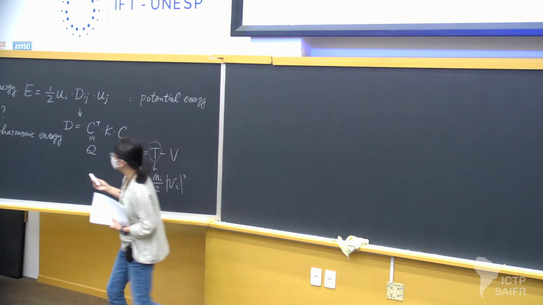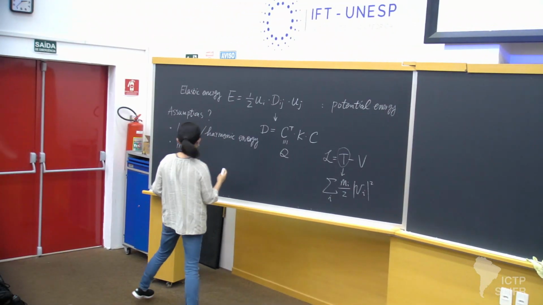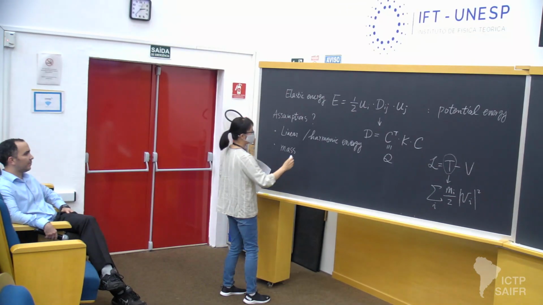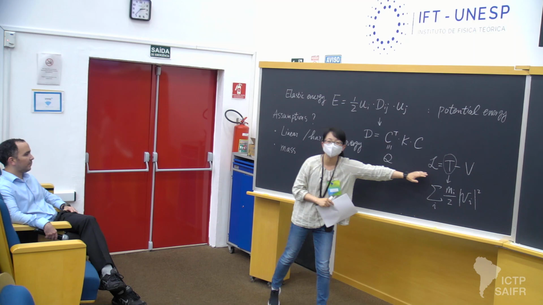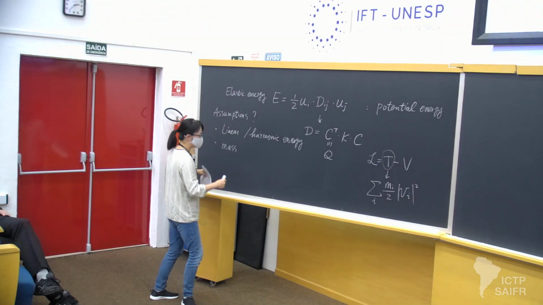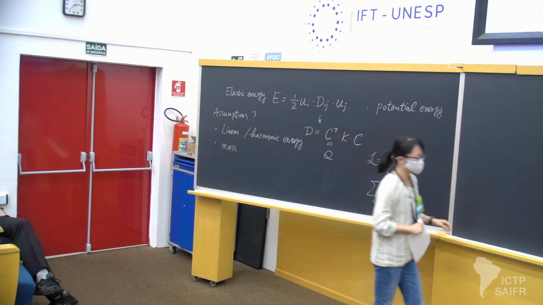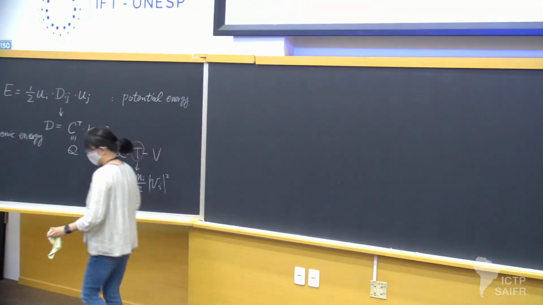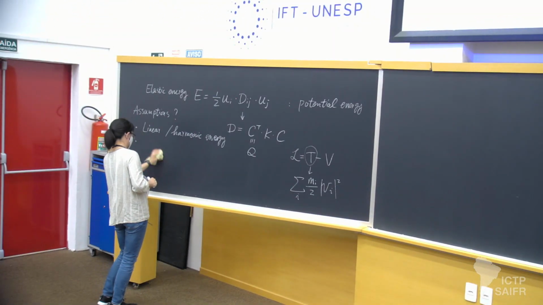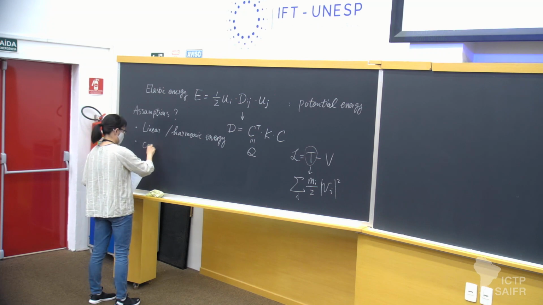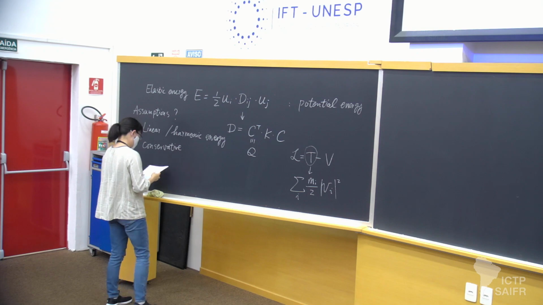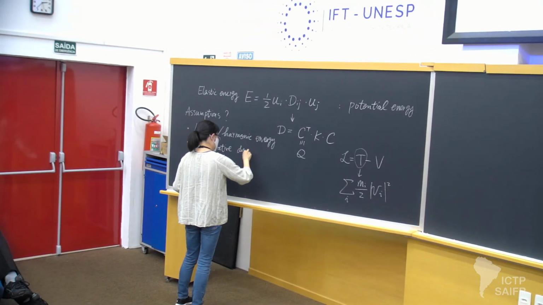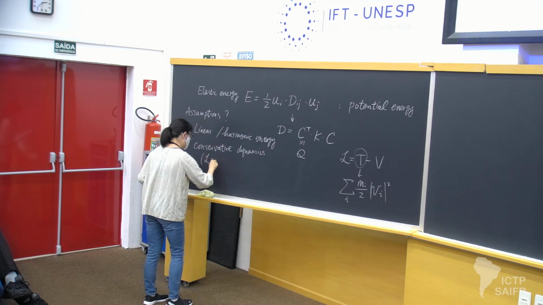So if we write the Lagrangian like this, it is assuming the system has conservative dynamics, right?